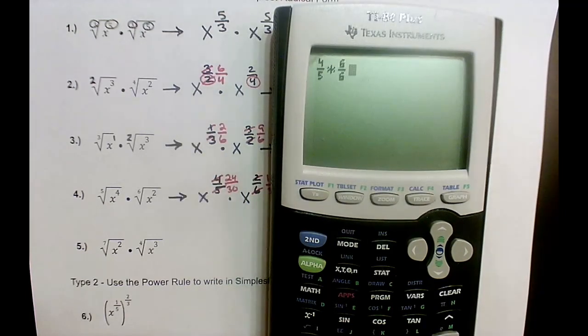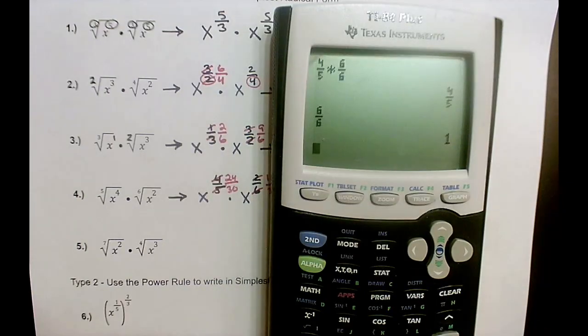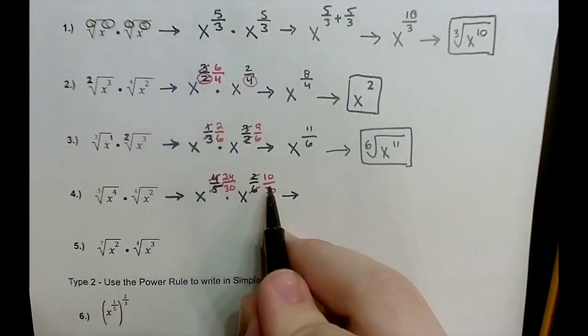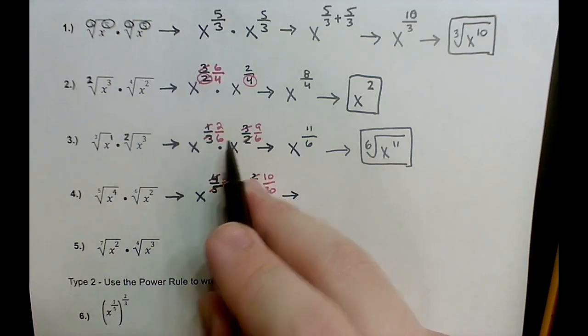But the calculator is not going to know that, and that's going to give me back 4/5. Because 6/6 is just 1. When you multiply something by 1, nothing changes. So that's why I've kept multiplying the top and bottom by stuff, because I'm not changing the value of these fractions. I'm just changing the look of them.